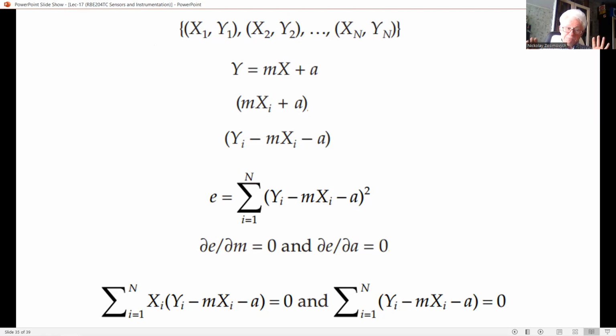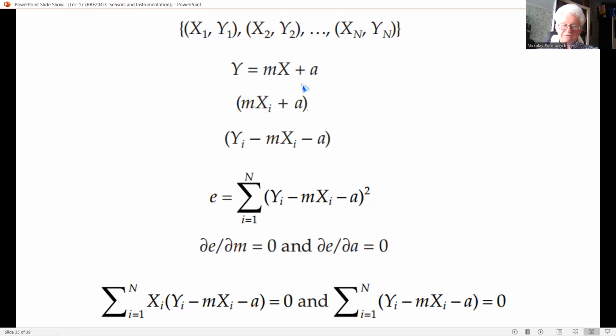Suppose that the estimated linear regression or linear model is given by the expression y equals mx plus a. Here m is the slope and a is the intercept of the line.